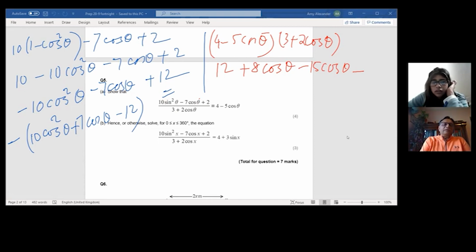So we will factor this, correct. Factor 10 times 12. One of the factors will cancel, so you're left with 3 + 2 cos θ. I think one of the factors I'm getting is 5 cos θ − 4. We have −10 cos²θ + 7 cos θ − 12, so you need 120 and two numbers with product negative and sum of 7.